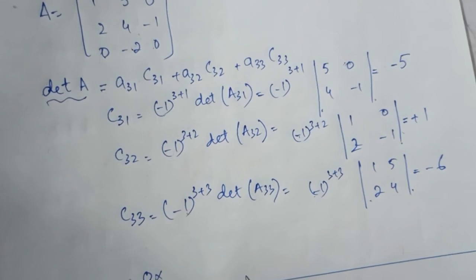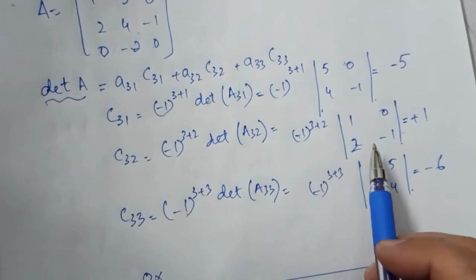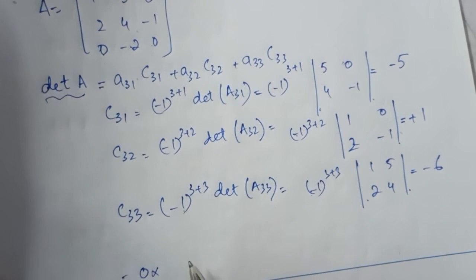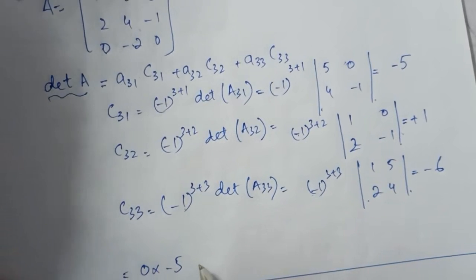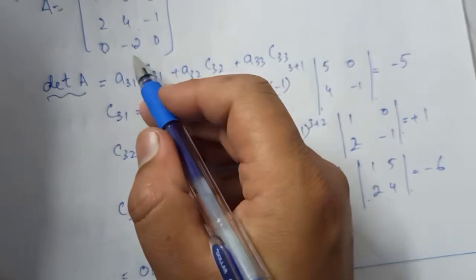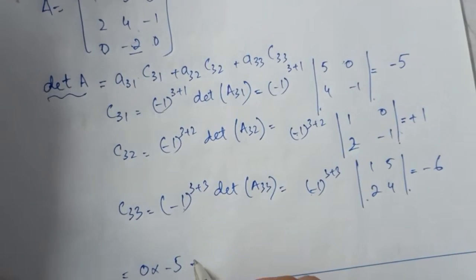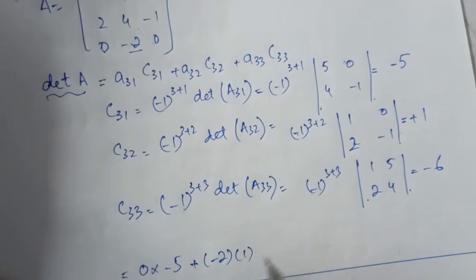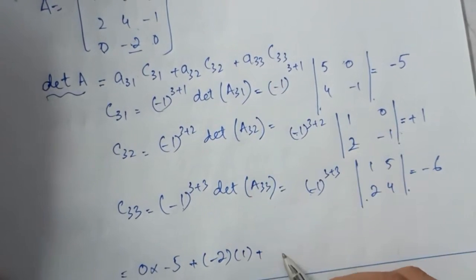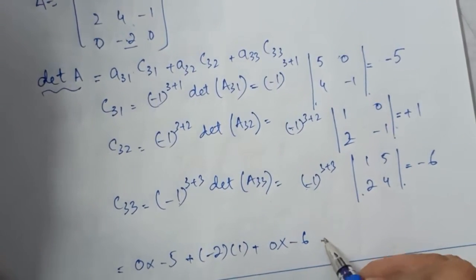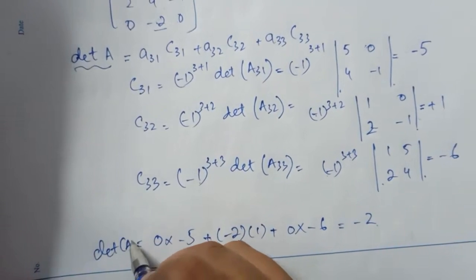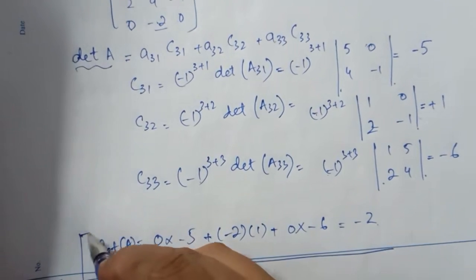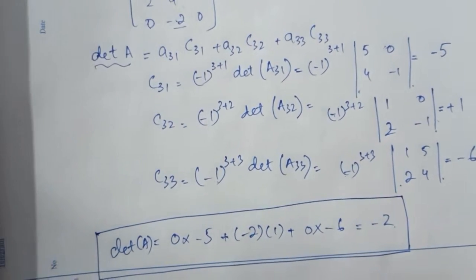So what you get here is 0 times minus 5, plus, the second element is minus 2, so plus minus 2 times 1, plus again 0 times minus 6. The answer here is equal to minus 2. It is the same value as we calculated using the normal formula of the determinant.